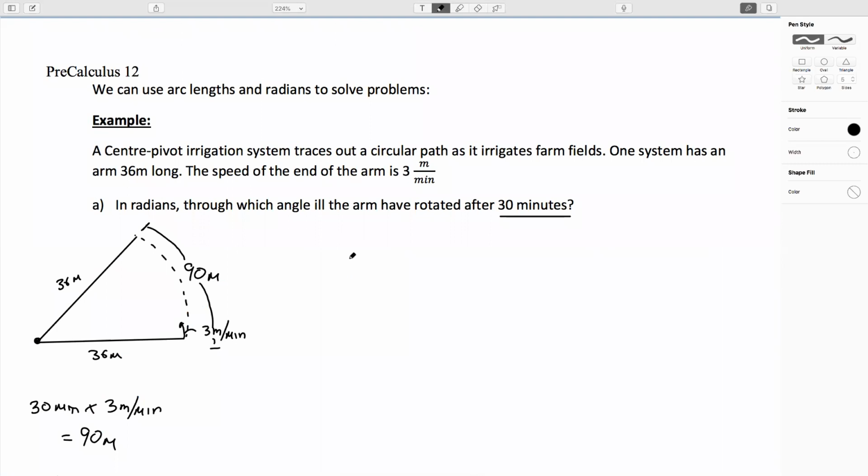So theta in radians is arc length over radius. So in radians, this is 90 meters over 36 meters.